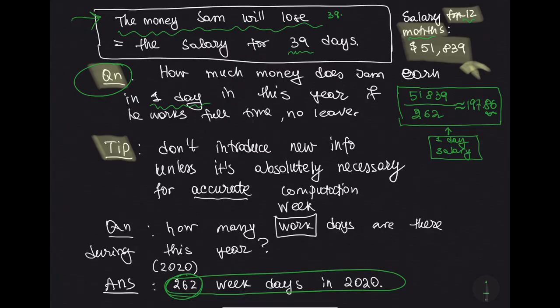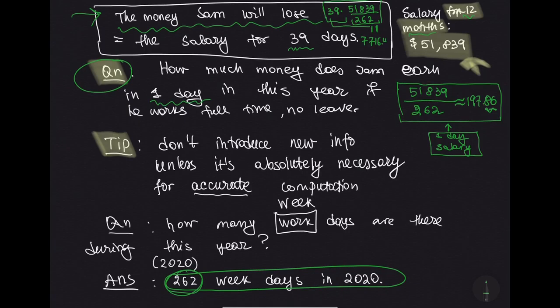So I'm going to multiply this by 51,839 and divide it by 262, because this is how much Sam makes in one day, and he is going to lose his salary for 39 days if he takes a 12-week leave. So this is how much money he's going to lose.